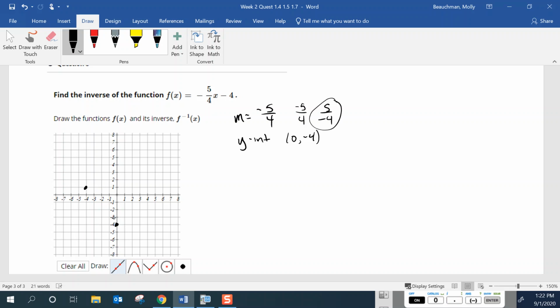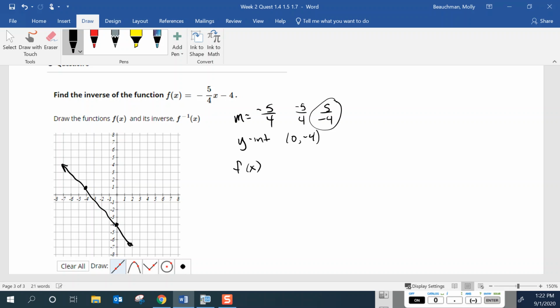So there's the graph of the line that we're given. Now, it doesn't say that it wants you to find the inverse. It just wants you to draw the function and its inverse. They are reflections over the line y equals x, so I'm going to use the points that I have on the graph already.